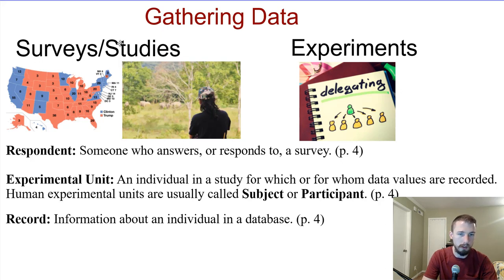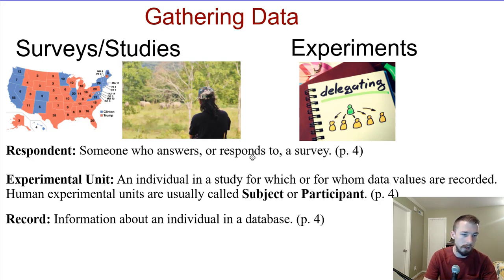So that's when we're talking about surveys or studies. An experimental unit is an individual who participates in an experiment and is randomly assigned to a treatment group. If it's a person, they're called a participant. If it's not a person, we would just call them a subject or an experimental unit, but we usually call them participants if it's a human, to give the respect there.